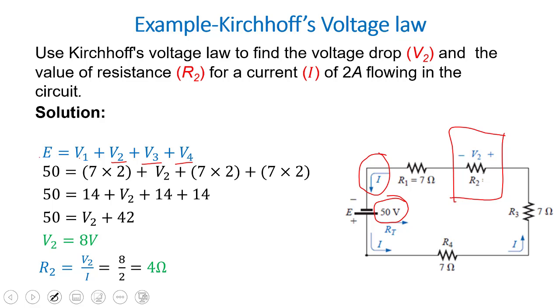Now, what do we know? We know E, we know I, we don't know V2, we know IR3, we know IR4, which is 2 by 7 for all of them. So we are going to end up with R2 equal to 4 ohms and V2 equal to 8 volts from this equation over here.